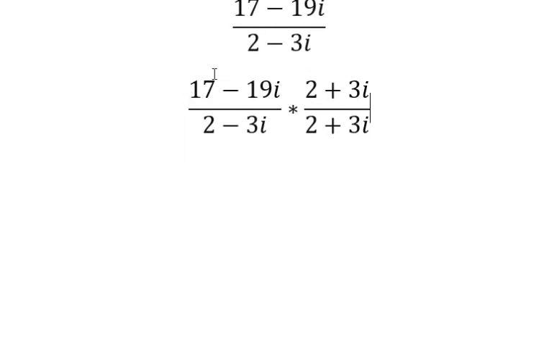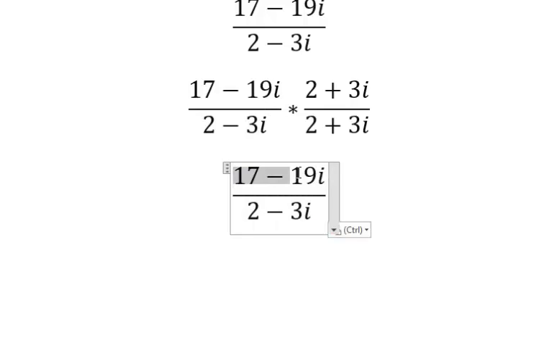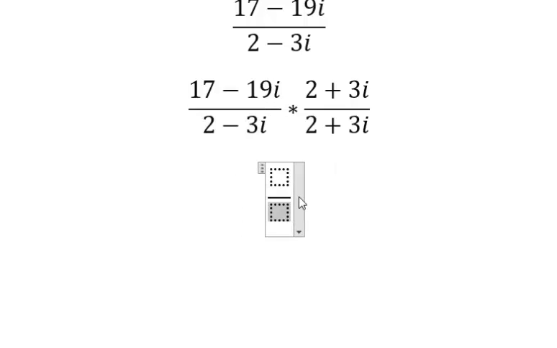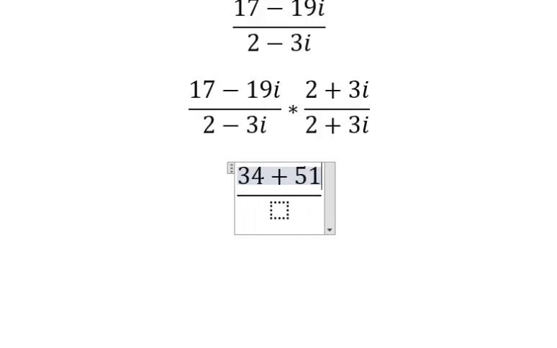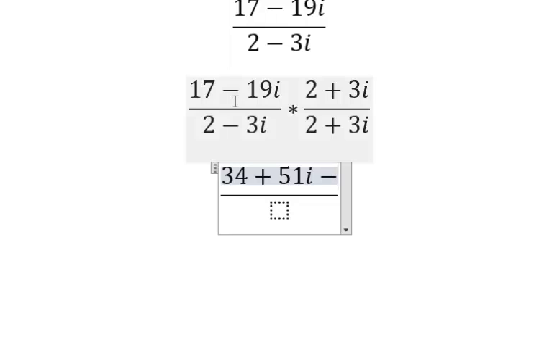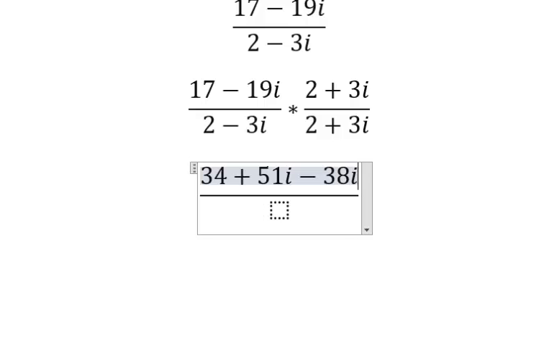How are we gonna do that? Well, we're gonna use basically the distributive property. So let's see what do we get in here. 17 times 2, that will be 34. 17 times 3i, that will be plus 51i. Then negative 19 times 2 will be negative 38i.